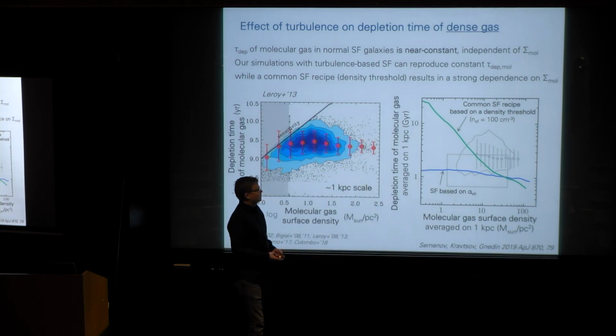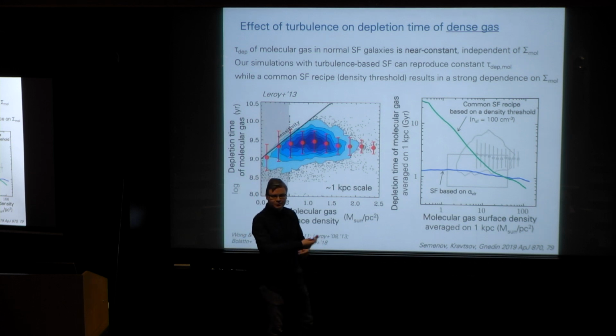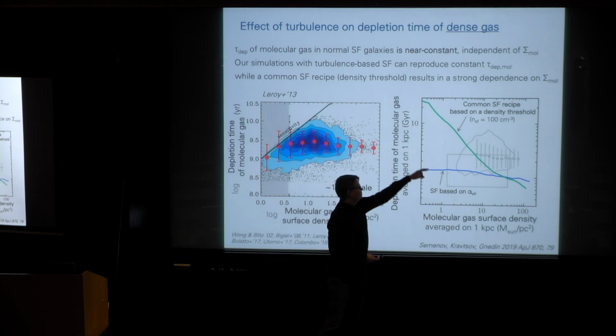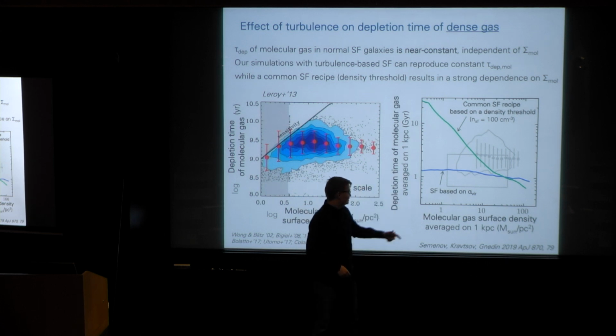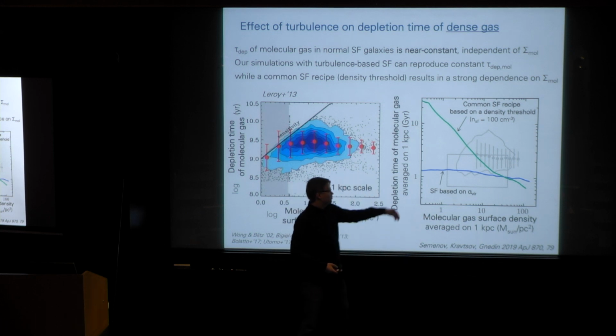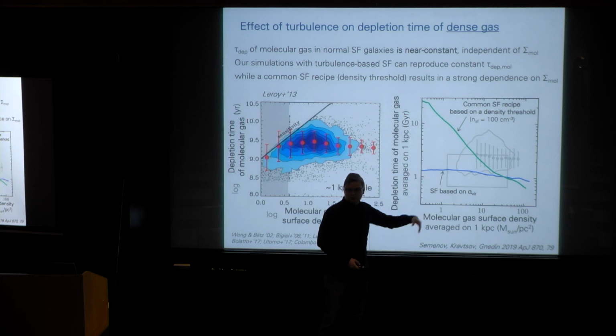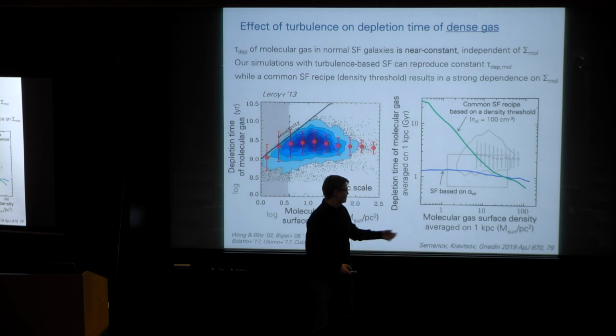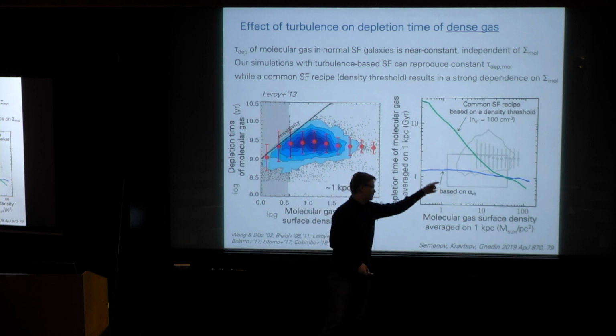And this is exactly because of this difference in how gas transits between star-forming and non-star-forming states in this case, because now, in order to become star-forming, gas must be compressed to high densities, and this happens on much longer time scales in diffuse gas, while for turbulent-based star formation, this still happens on the local crossing time on which turbulence decays. So this happens very rapidly.